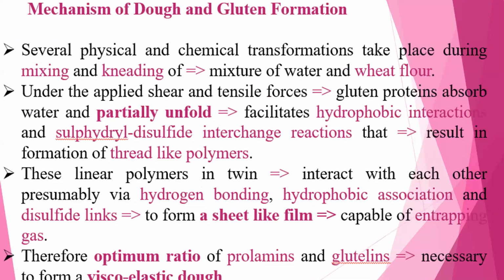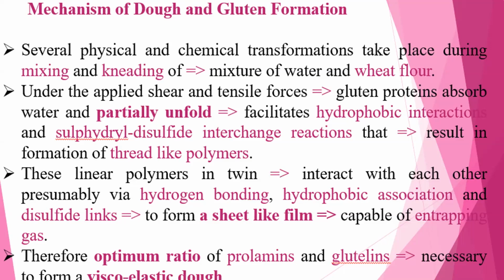Now let us see the mechanism of dough and gluten formation. Several physical and chemical transformations take place during mixing and kneading of the mixture of wheat flour and water. Under the applied shear and tensile forces, gluten proteins absorb water and partially unfold in order to facilitate hydrophobic interactions and sulfhydryl disulfide interchange reactions that result in the formation of thread-like polymers.